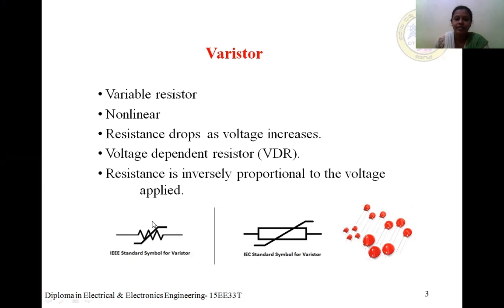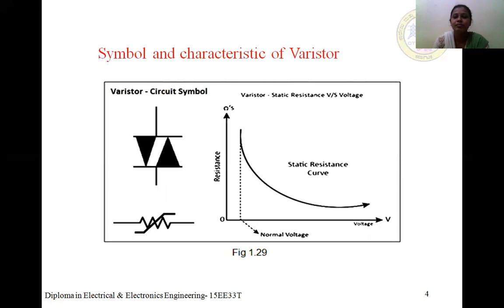Here you can see the symbol of the varistor. This is a standard symbol of the varistor. It is similar to a resistor, the only thing is it is variable. Next, moving on to symbol and characteristics. We saw the varistor is a resistor which is variable, so we call it a varistor.